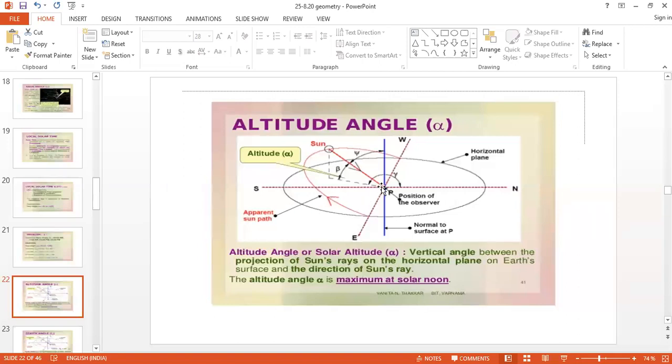This is the vertical angle between the projection of the sun's rays on the horizontal plane on the earth surface and the direction of the sun rays, which is called the altitude angle. This altitude angle alpha is maximum at solar noon.